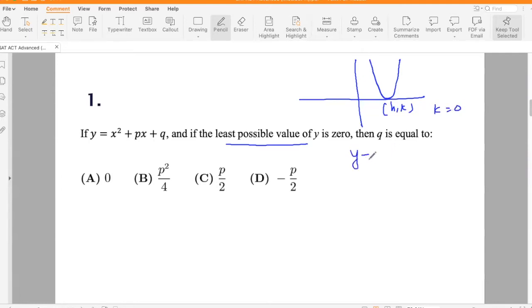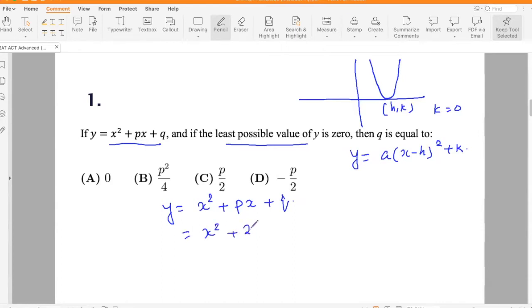Now the vertex form of the parabola is a times x minus h whole squared plus k, where h comma k is the vertex. So let's convert this to the vertex form. To convert to the vertex form, I will have to complete the square, which means that I'll need to write x squared plus px plus q as x squared plus 2x times p by 2, and then I add the square of p by 2, which is p squared by 4, I subtract the square of p by 2, and plus q was already there.